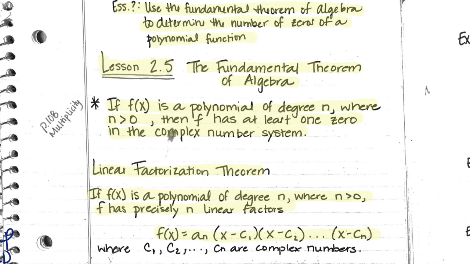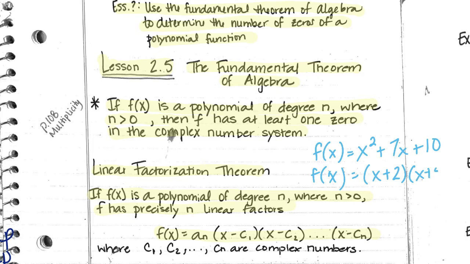Let's put this into real words. If I have, and this is one I always go back to, x squared plus 7x plus 10, I know this can factor to be x plus 2, x plus 5. Notice this was a 2. There are 2 linear factors.